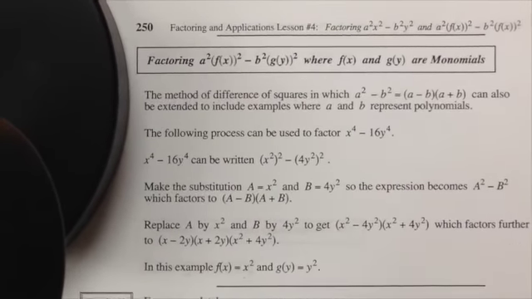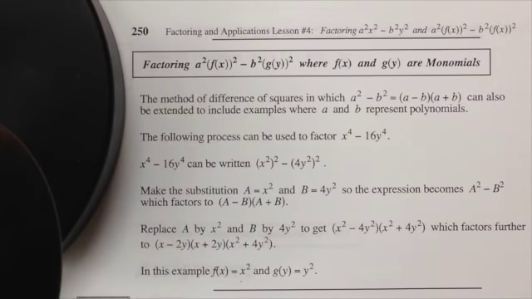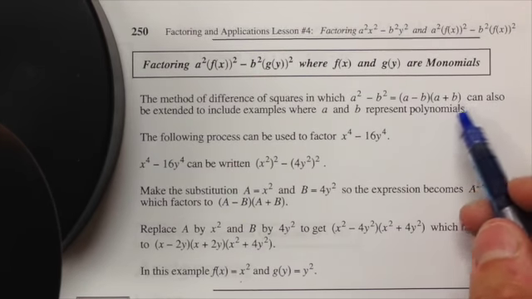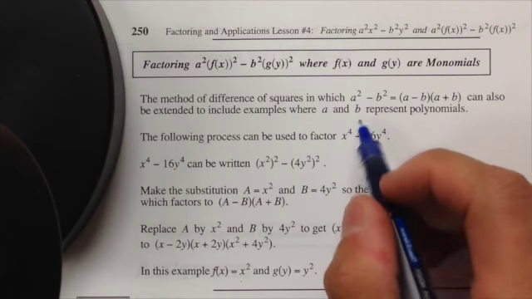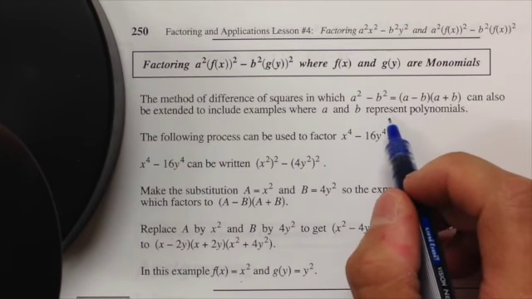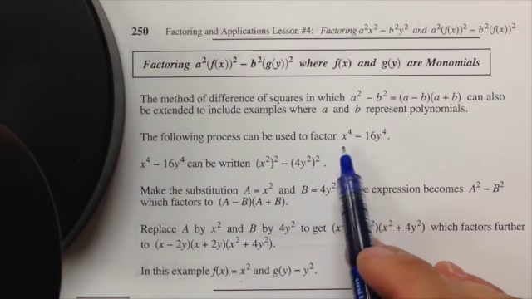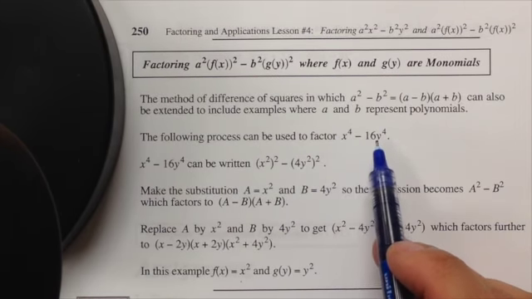Alright, so the method of difference of squares, in which a squared minus b squared is equal to a minus b times a plus b, can also be extended to include examples where a and b represent polynomials. The following process can be used to factor x to the 4 minus 16y to the 4.